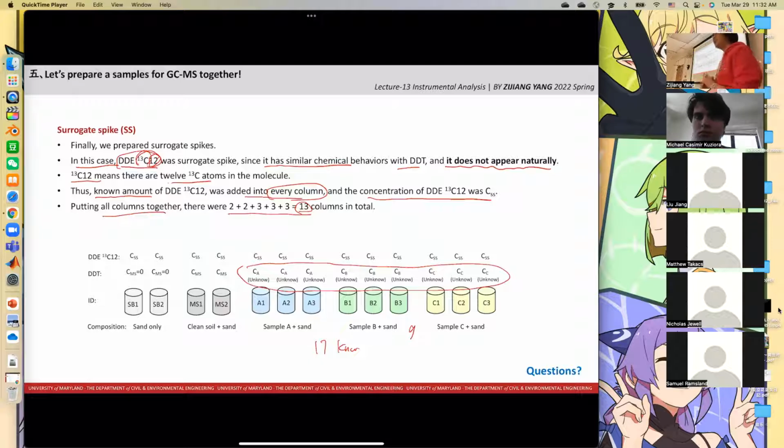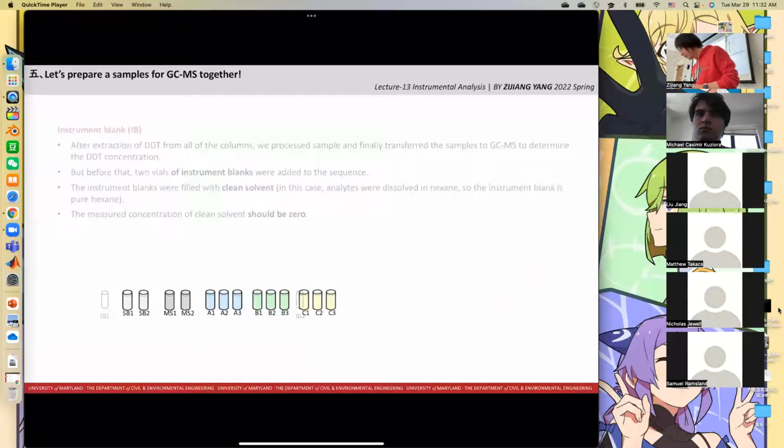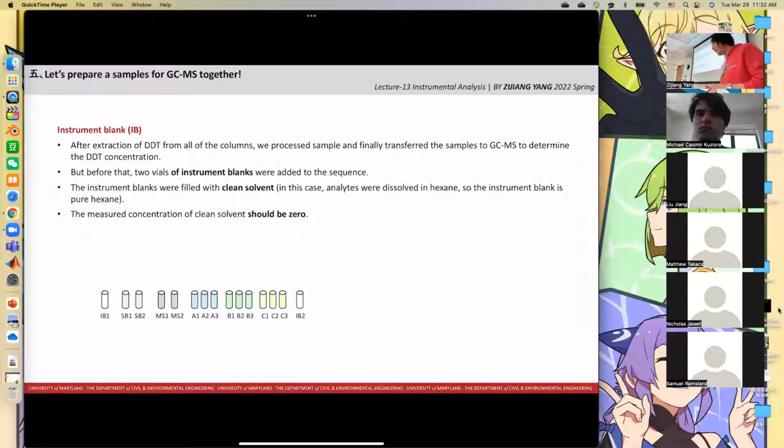So any more questions? Now, finally, when we have our extraction, we want to send this to the instruments like the GC, gas chromatography. But before that, we also need to prepare another set of blank, which is the instrumental blank.